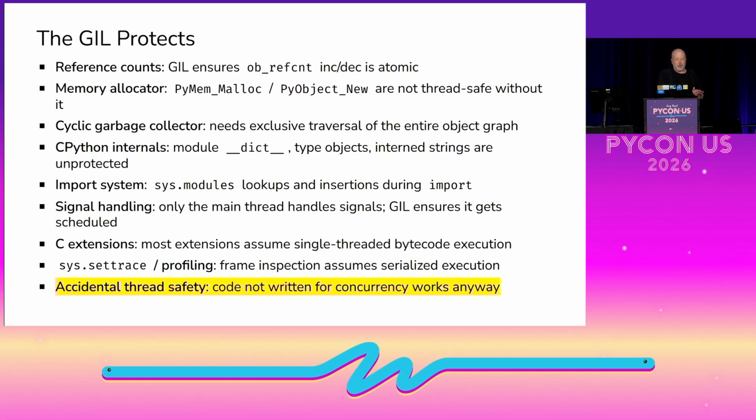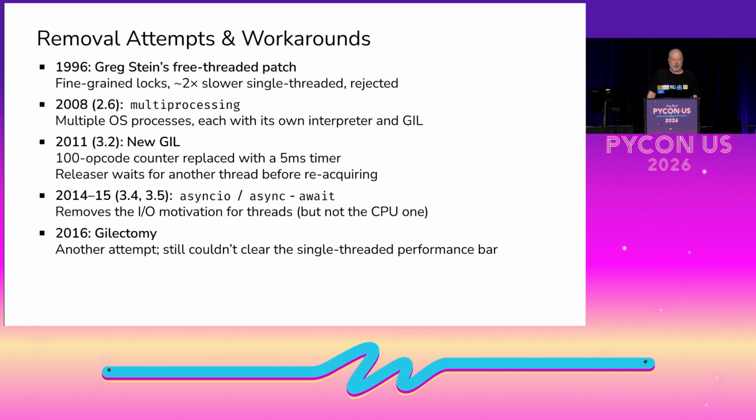It's a whole bunch of other things. But in the end, you also get this kind of accidental thread safety. So even though you haven't written the code for concurrency, it works anyway, which is nice because introductory programmers are not suddenly burdened with the idea of having to deal with threads.